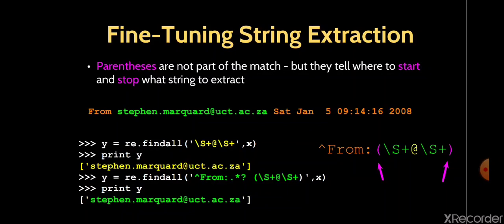That is why we have added an open parenthesis and a close parenthesis around the regular expression having \S+@\S+. So this parenthesis will make it extract a particular substring from the matched string.